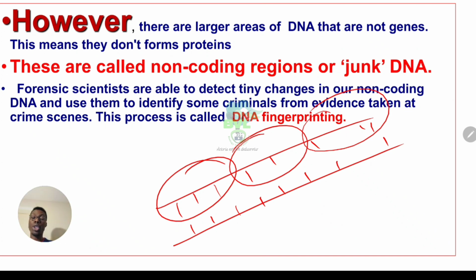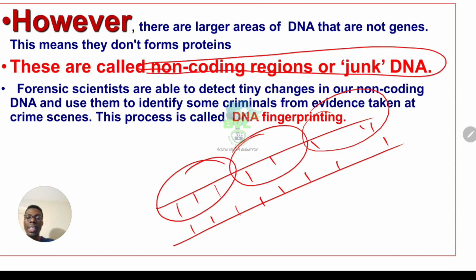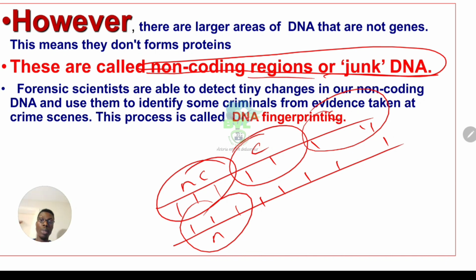Those parts that do not code are called non-coding regions or junk DNA. So maybe this part is a non-coding region, this part is a coding region, this is a coding region, this part is a non-coding region again. I'm not saying it's in that sequence, but there are certain parts. Amazingly, the part that is not coding, the junk DNA or non-coding regions, which do not make amino acids, are actually more. And this is not useless anyway.